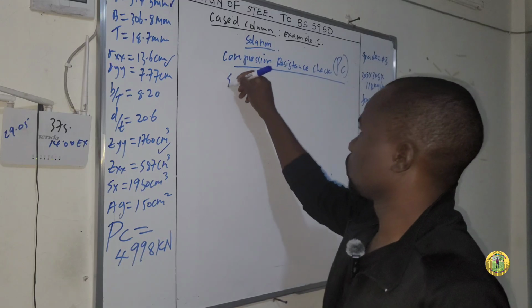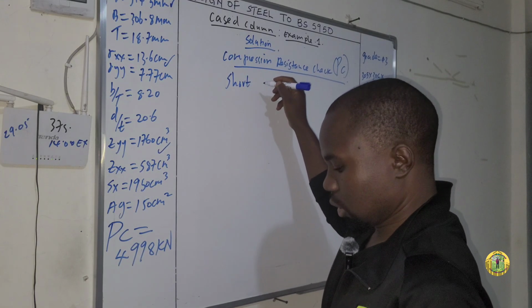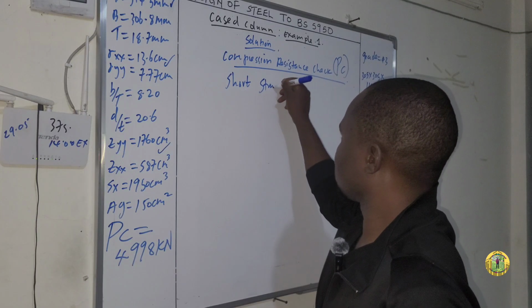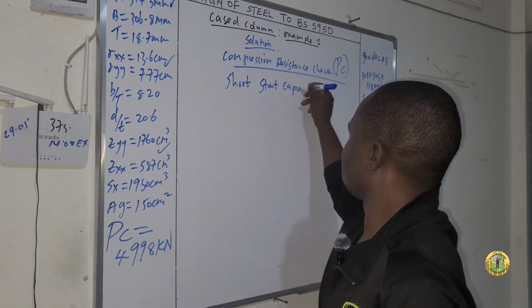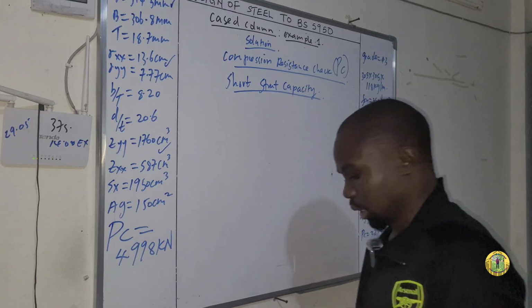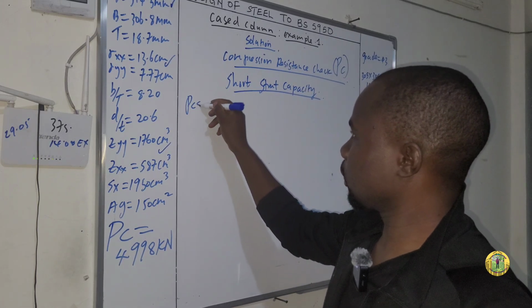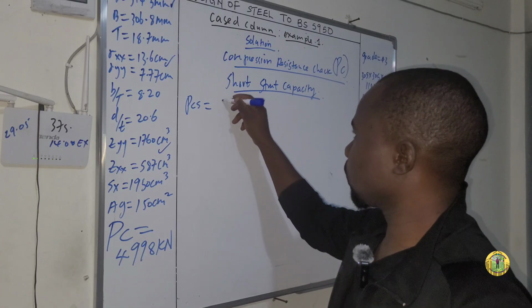So short struts capacity. So the short struts capacity is given by this formula.